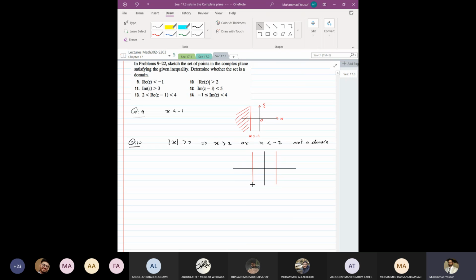So here this is x equal to -2, this is x equal to +2, and we have all these things less than this or greater than this. Okay, fine. Doctor, this is not a connected region. Okay, that was what I was going to ask. Not connected. So the absolute value of x greater than 2, or real part of z greater than 2, is not a connected region. So it is not a domain.